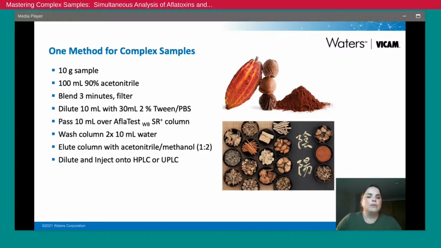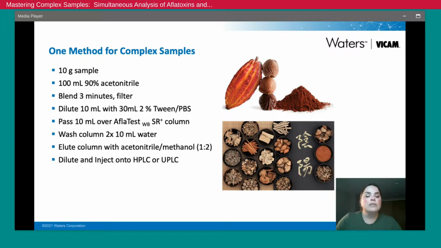One method was used for the complex sample matrices analysis. 10 grams of sample was weighed out, and 100 mils of 90% acetonitrile water was added to that in a blender and blended for 3 minutes. It was then filtered. 10 mils was diluted with 30 mils of 2% Tween PBS. 10 mils is passed over the Aflatest WBSR Plus immunoaffinity column.